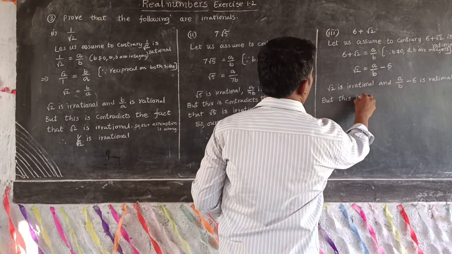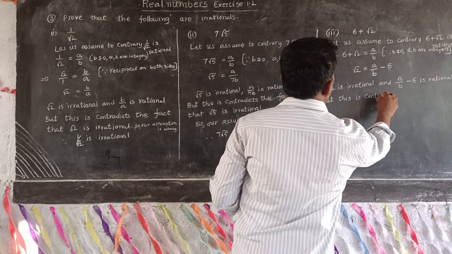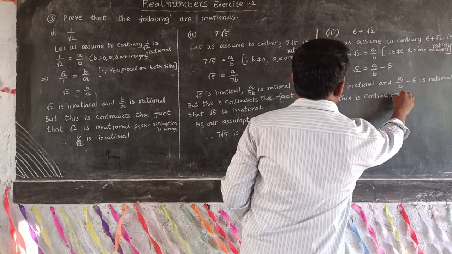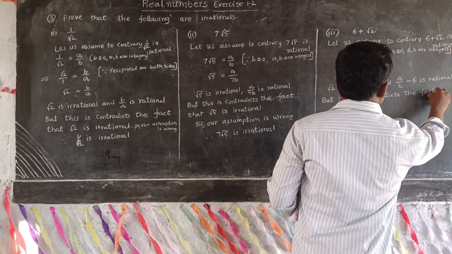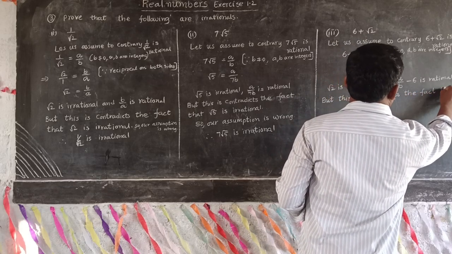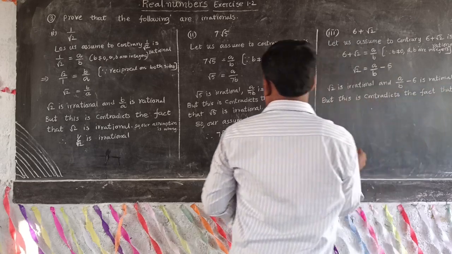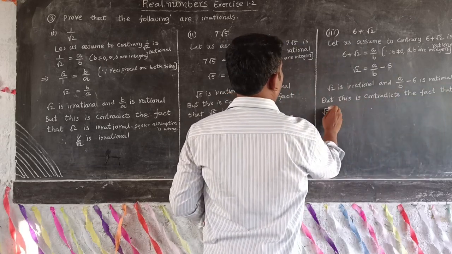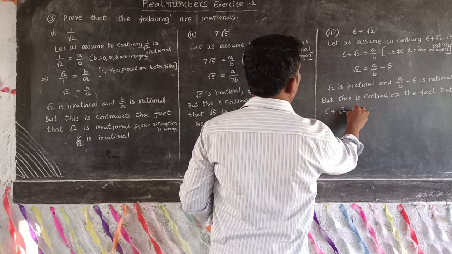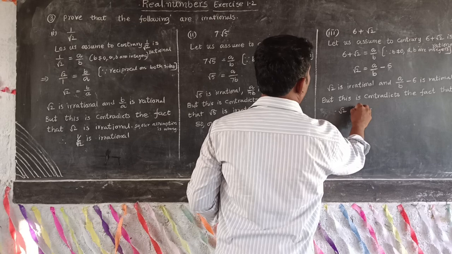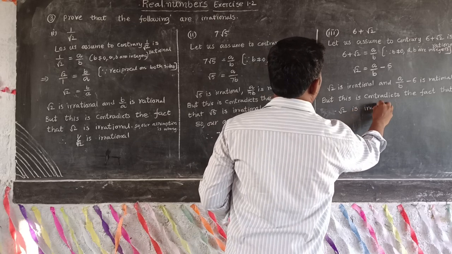But this contradicts the fact that 6 plus root 2 is irrational.